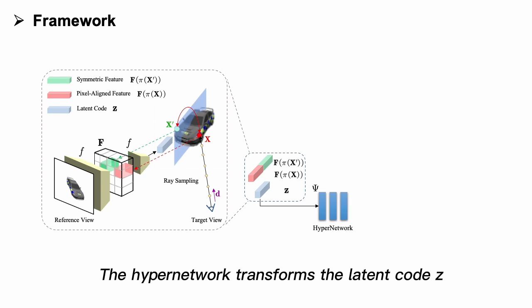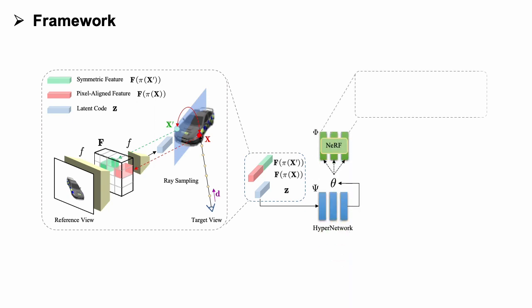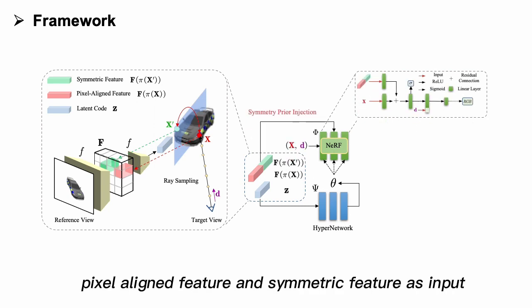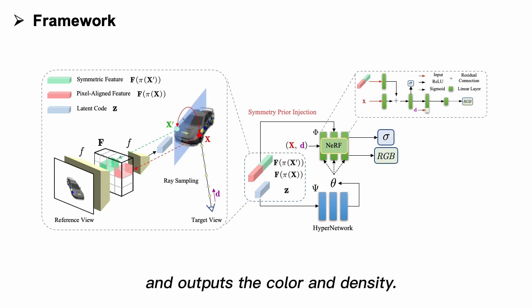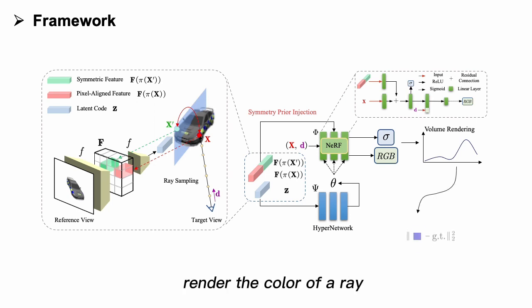The hypernetwork transforms the latent code Z to the weights of the corresponding NeRF. NeRF takes the spatial coordinate, ray direction, pixel-aligned feature and symmetric feature as input, and outputs the color and density. Finally, the volume rendering technique is performed to render the color of a ray passing through the scene.